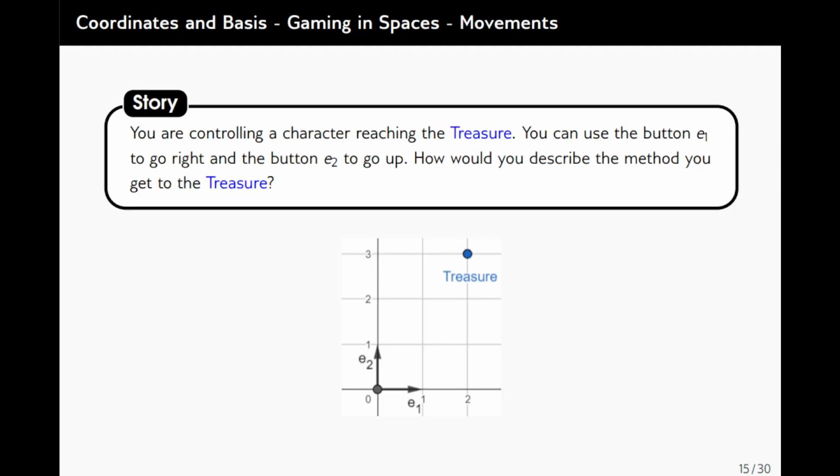So you are starting at the origin, and you have two movements: the first is going right, the second is going upwards. How can you go to the treasure?